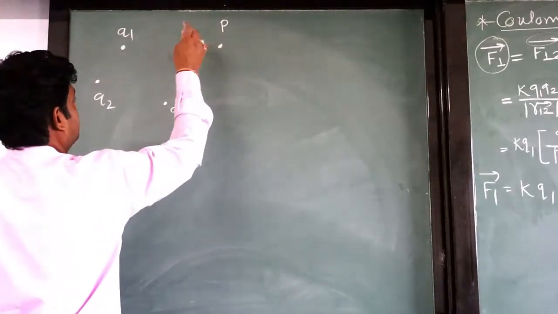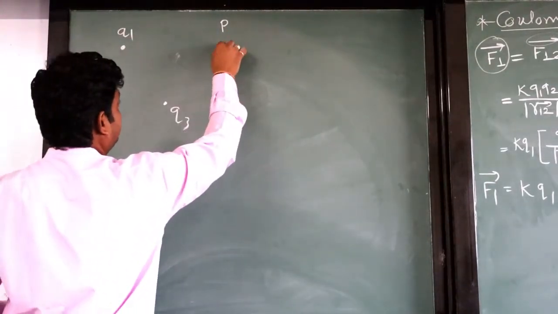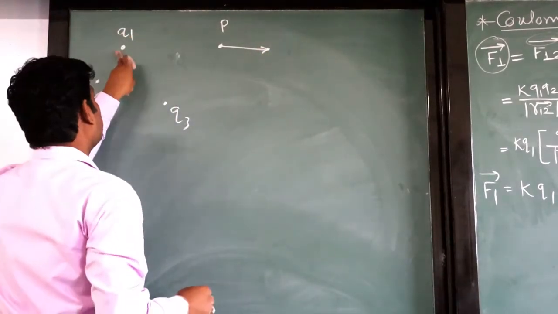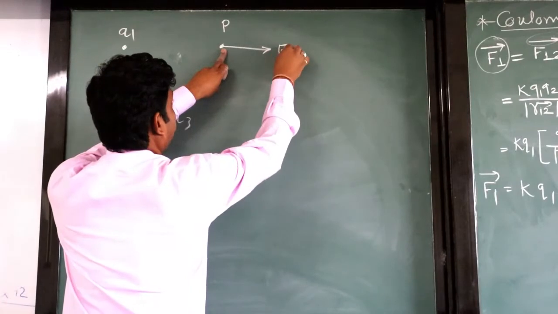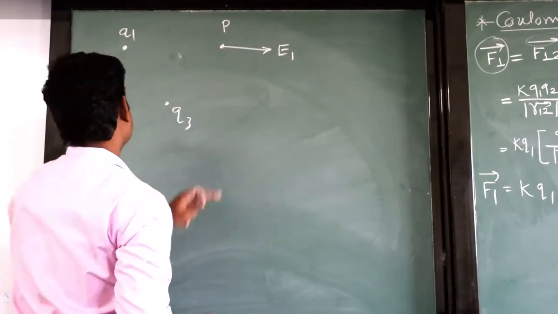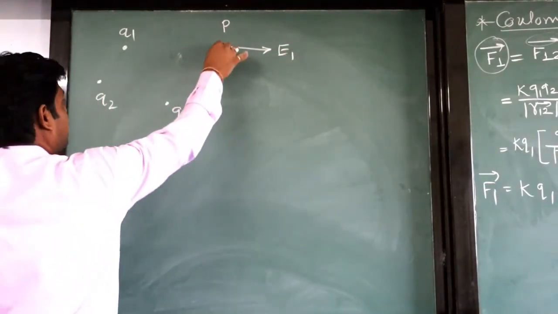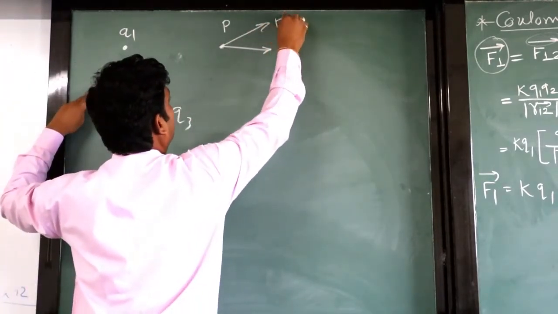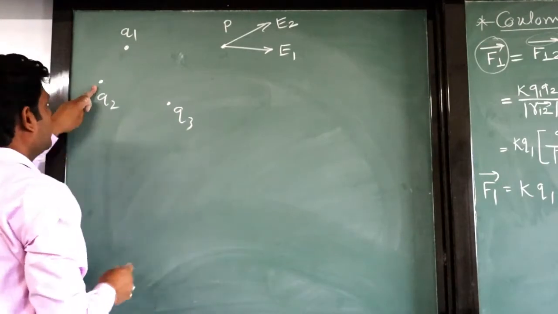At point P, the direction of electric field will be like this, and electric field at point P due to the Q1 charge will be denoted by letter E1. Similarly, electric field at point P due to Q2 will be denoted by letter E2.